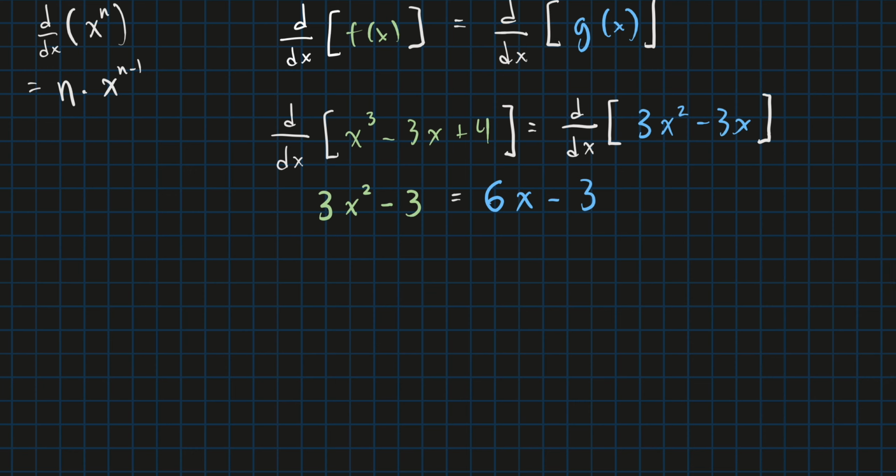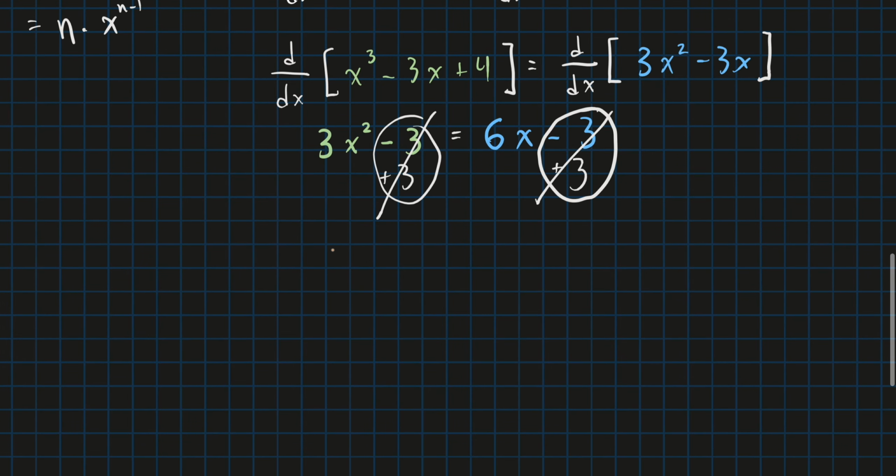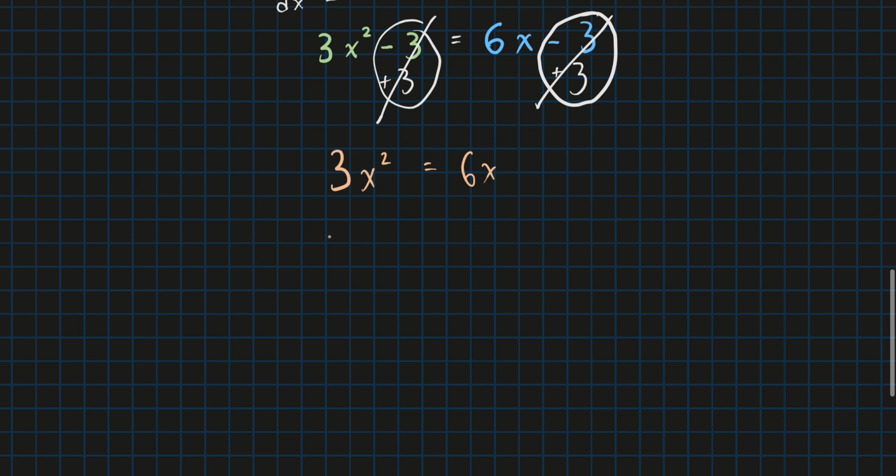So, firstly, if I add 3 to both sides, you can see that the negative 3 and positive 3 cancel out on both sides. So we get 3x squared is equal to 6x. Move it to one side, we get 3x squared minus 6x is equal to 0.